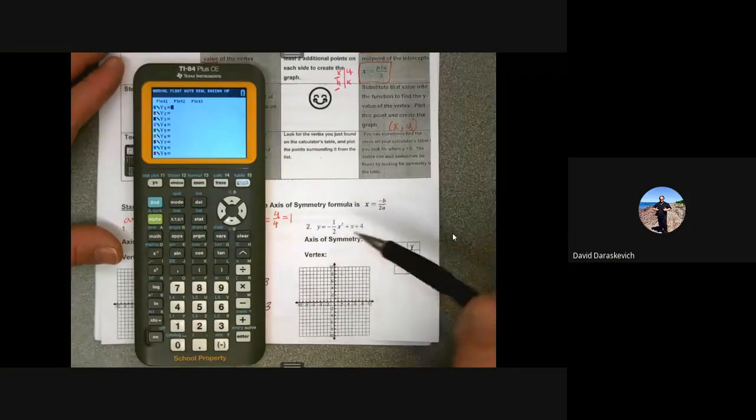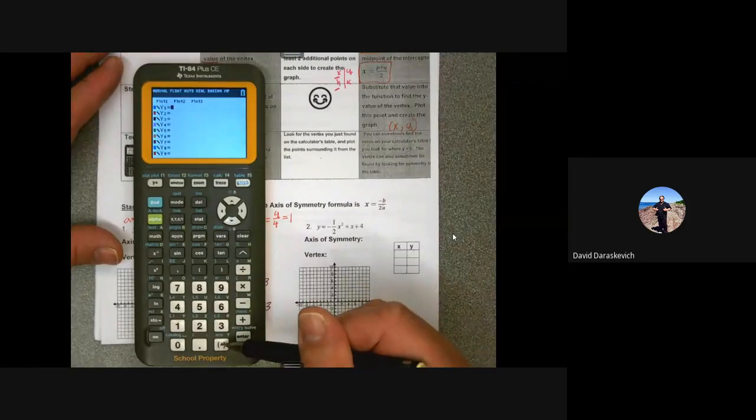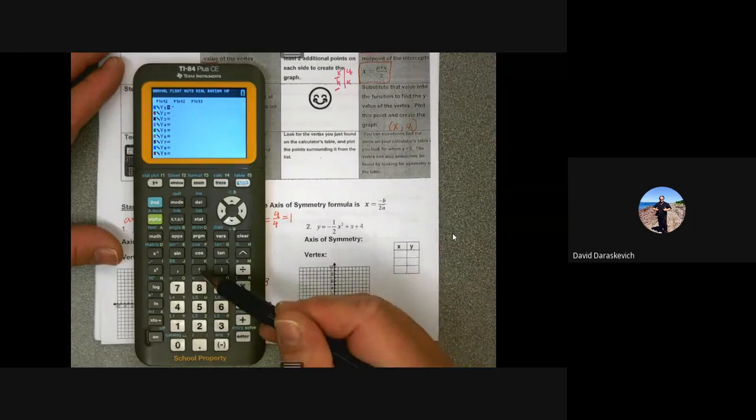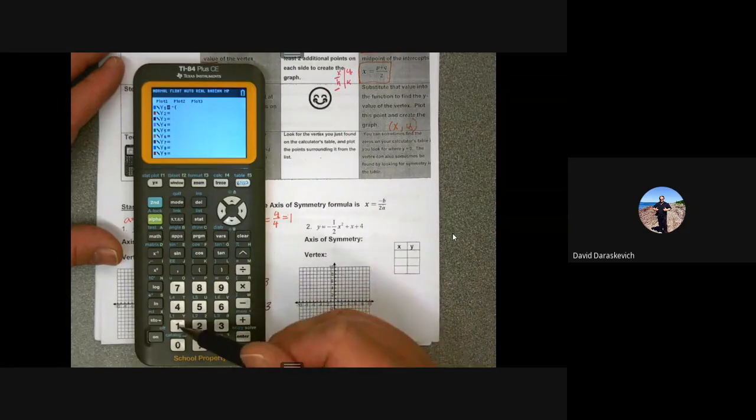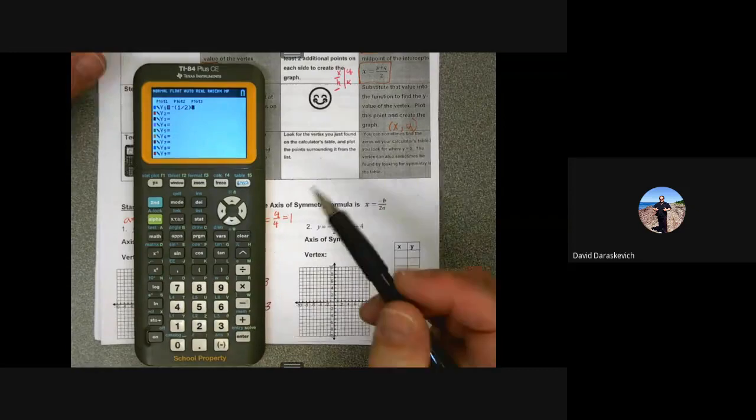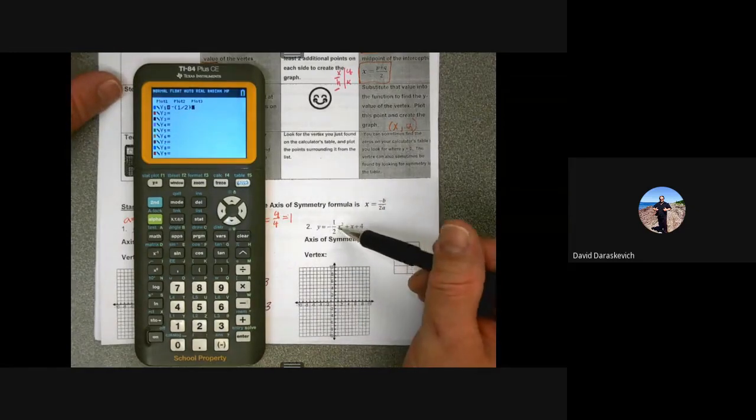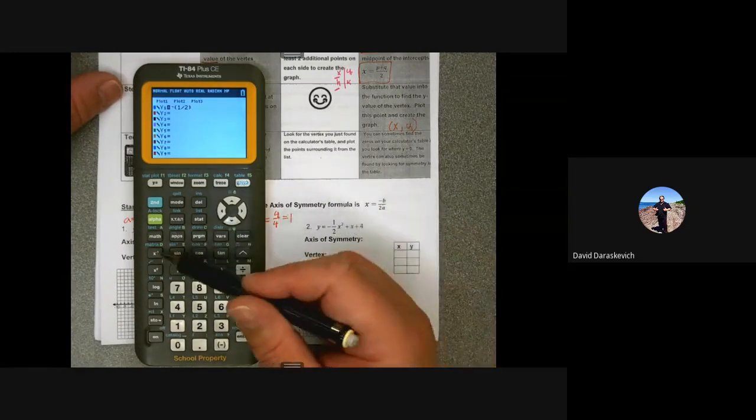Negative 1/2. Here's my negative sign. Don't use the minus sign, this is my negative. Remember, put all fractions in parentheses, just because we never know when it's going to screw things up. Okay, so negative 1/2 x squared.